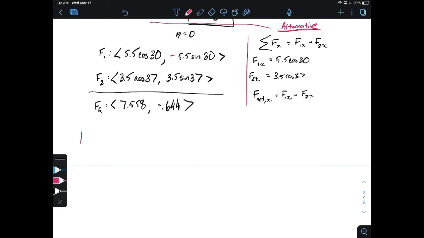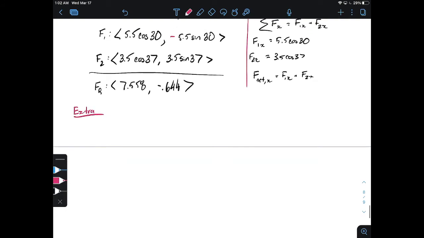So what we're going to want is the magnitude of this, so I'm just going to say extra. We want the magnitude of this, so we say FR, that's a resultant force. Magnitude of it, oh yeah, I guess I kind of forgot the arrows. Sometimes a little too lax with the notation.